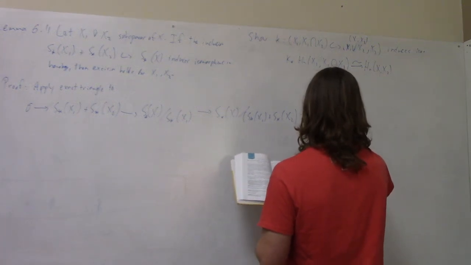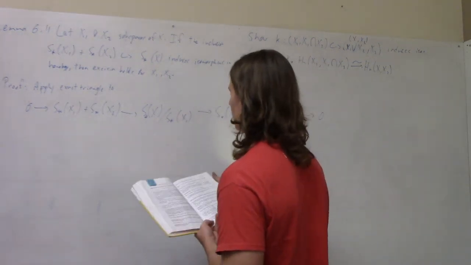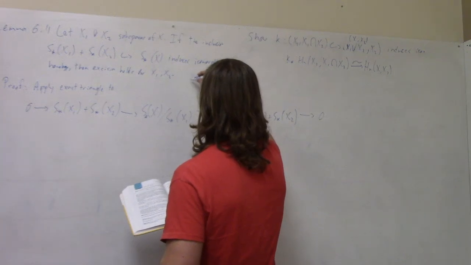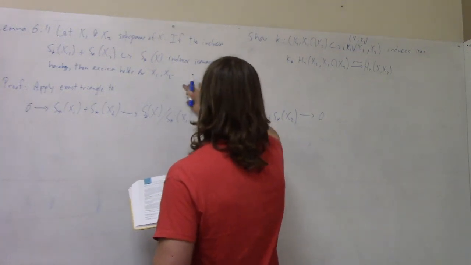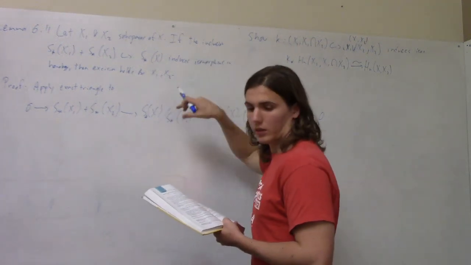You guys remember what the exact triangle is? It gives us the triangle of the homology groups that can keep going around.